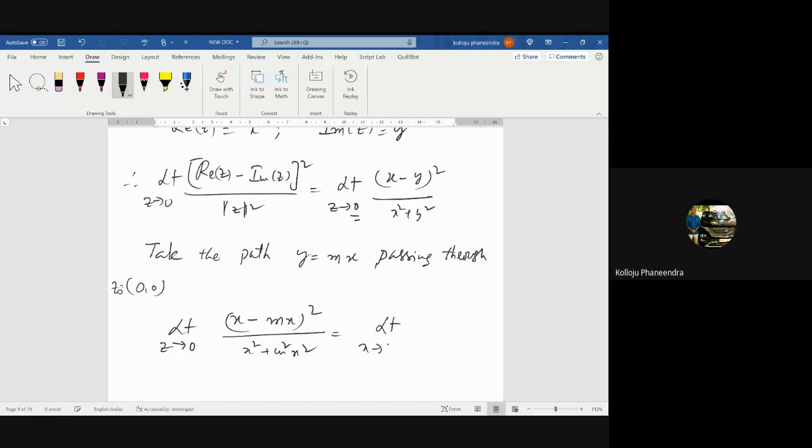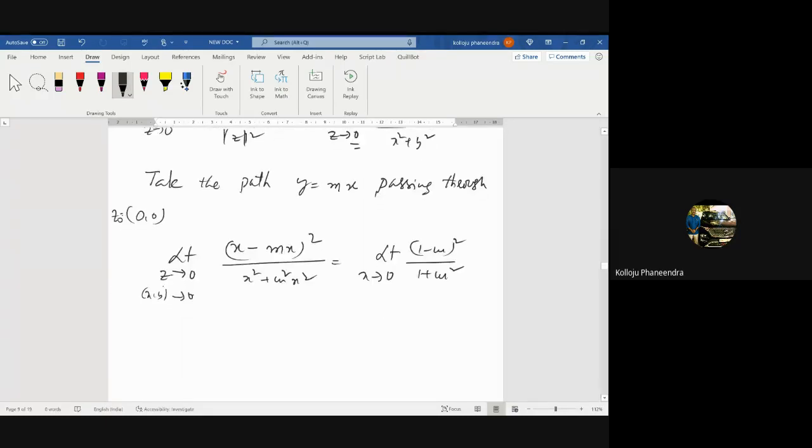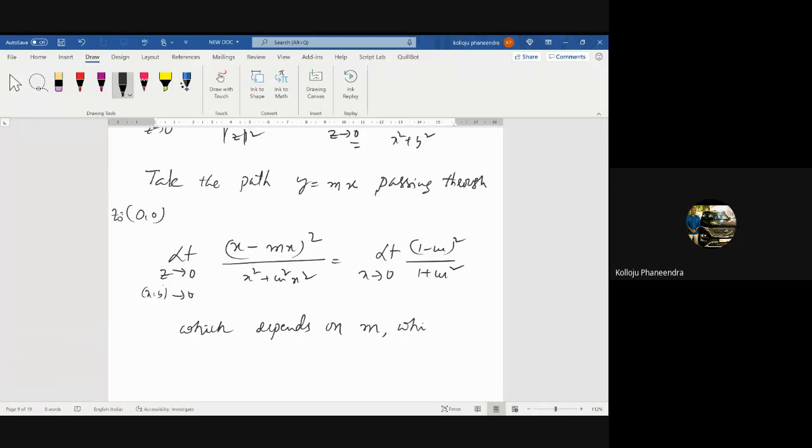Only x terms are there, x tends to 0. Now x gets cancelled: (1 minus m) whole square by (1 plus m) whole square, which depends on m, which is not unique. Therefore, the limit does not exist.